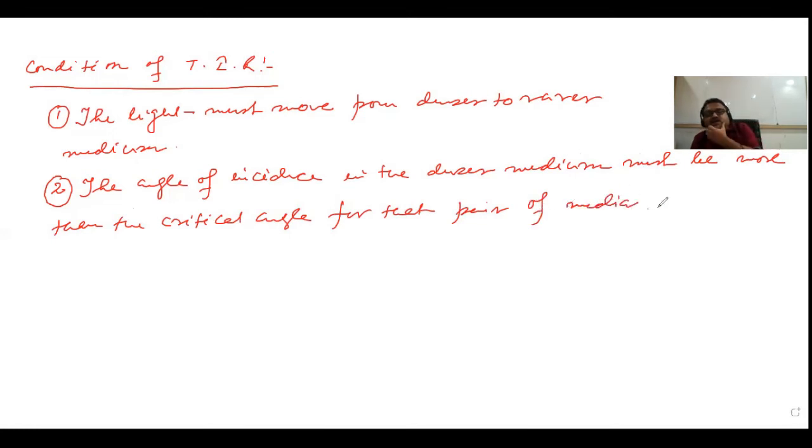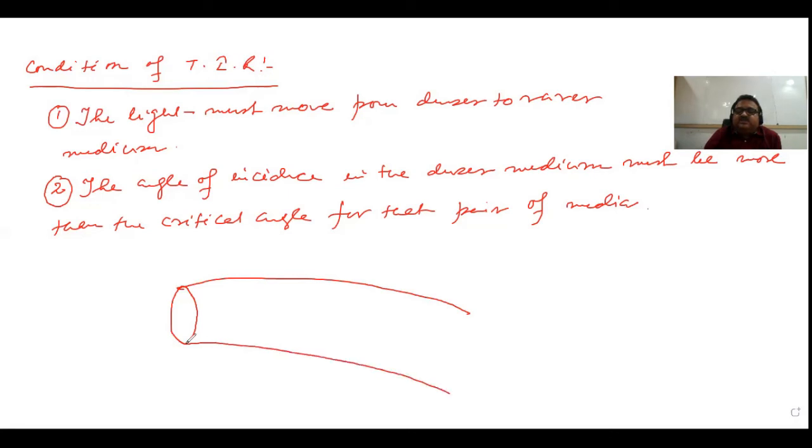Okay. What is the advantage of this critical angle? There is a technique of sending signal from one point to another through a fiber-like channel called optical fiber. Here, light moves from one point to another by the method of total internal reflection.